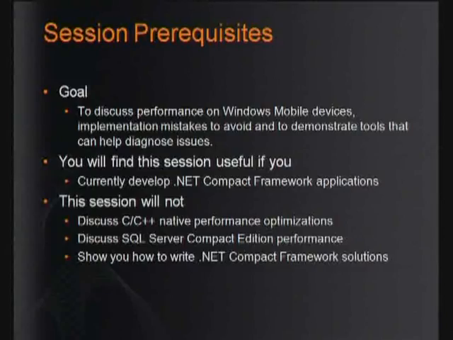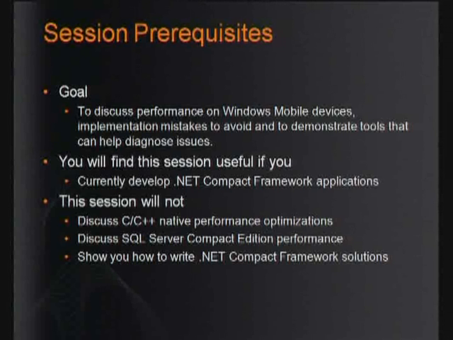Unfortunately, I'm not going to have enough time to get into native tools that would measure performance for C, C++ type applications. We won't be looking at specific technology performance optimizations like SQL Server Compact Edition. And basically, I'm assuming that you are familiar with the .NET framework kind of programming model and that you're familiar with the compact framework requirements as well.